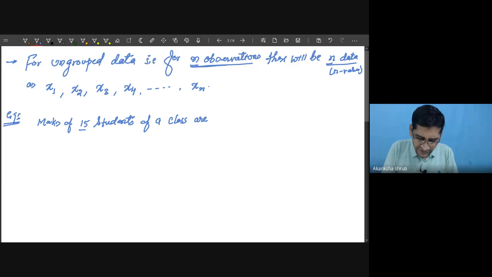So for 15 students, there will be 15 kinds of marks. It may be possible that the marks are repeated.